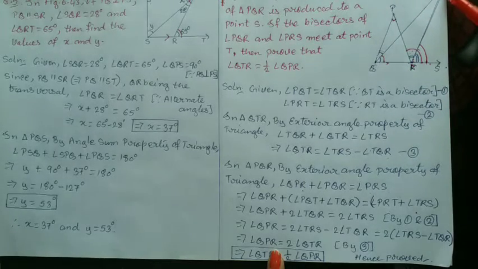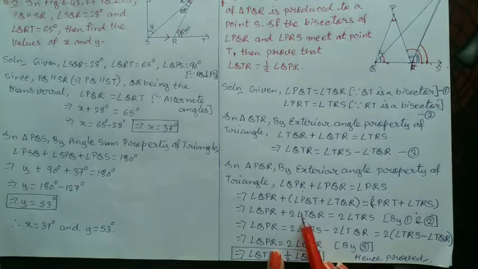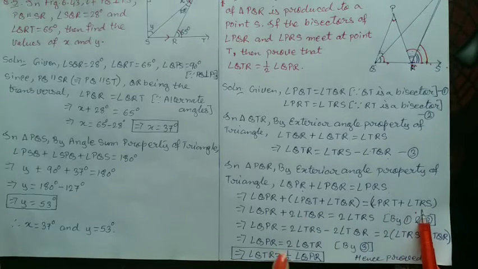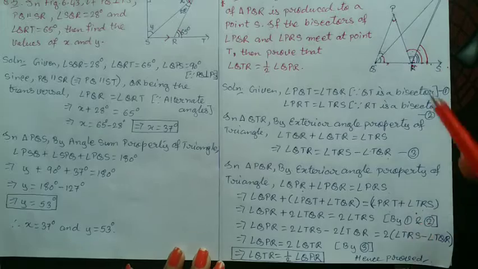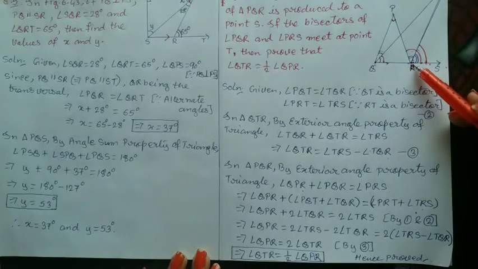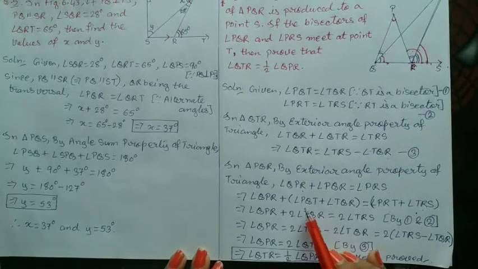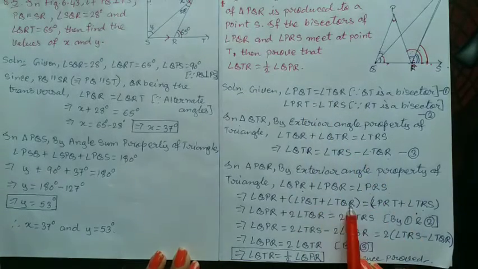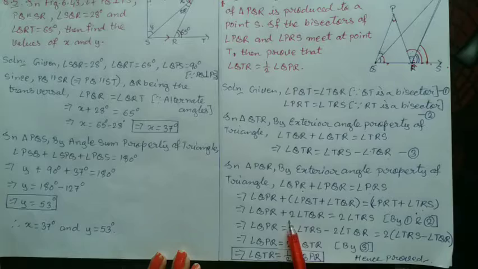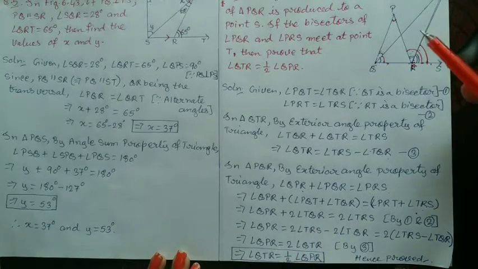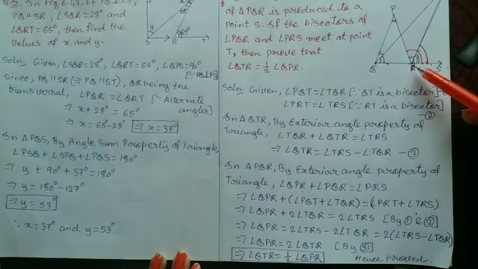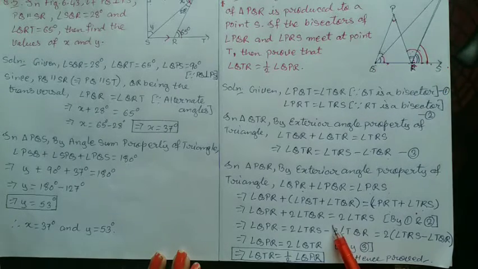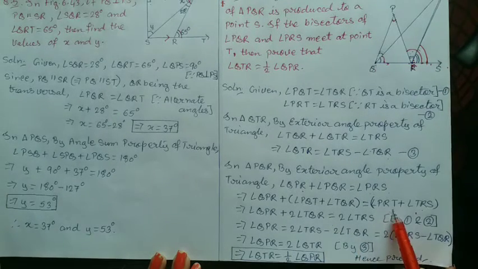We will only take those parts which are related to TQR. So PQT is actually equal to TQR. These two are equal, so we will write twice TQR, because TQR is in triangle TQR. That is equal to, again, PRT plus TRS.